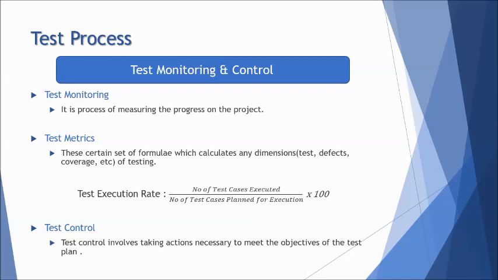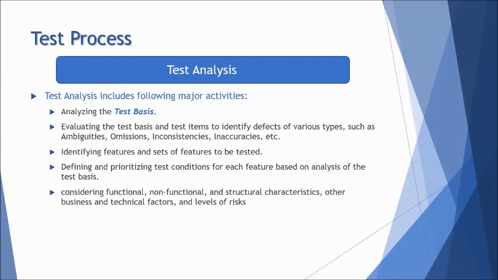So monitoring and control deal with these major activities. Test analysis is another thing where you start analyzing the test basis. Now, test basis is a term which is used for any documentation which is used as a reference for testing. So generally we gather the requirements and start analyzing them.